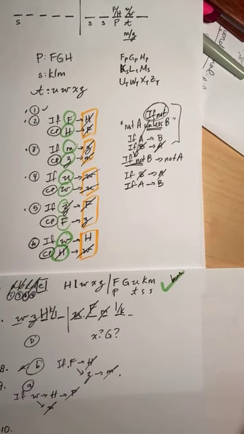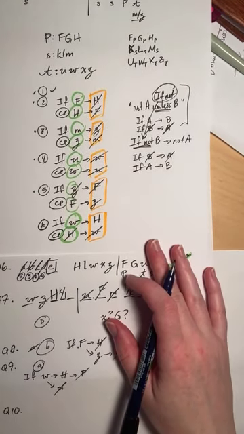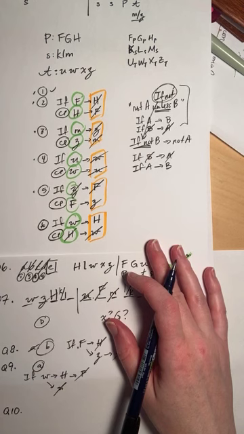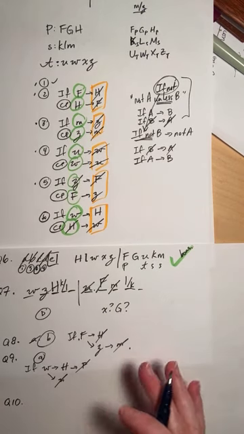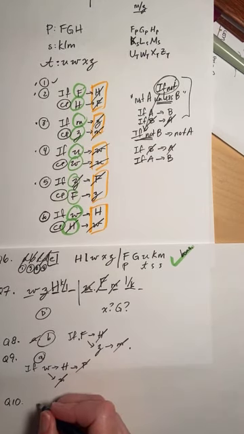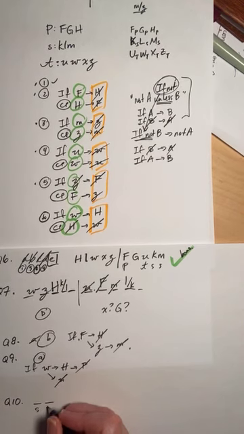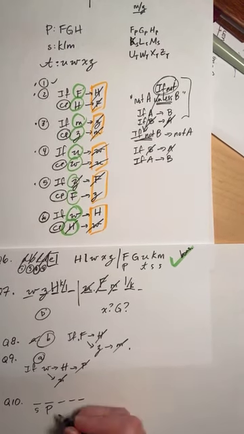Question 10. If the committee is to include exactly one parent. All right, so one parent, so that means we have one student, one parent, and 3 teachers.